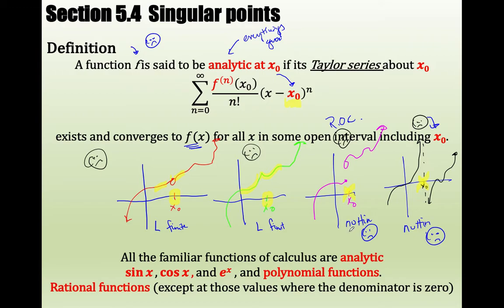I'm going to be okay as long as I identify there's just one and only one point that's an issue. But here, this limit does not exist, so there's nothing to be done. This limit on one side or the other is an infinity.